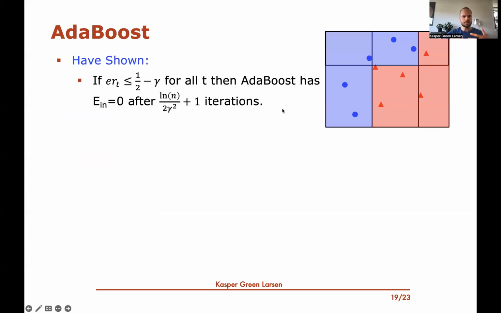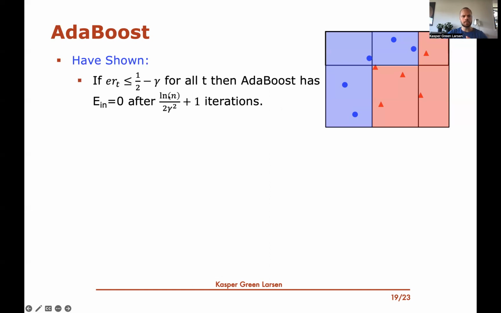So this is actually really neat. We have shown now that if in every iteration of AdaBoost, the weighted 0-1 loss that we get from the hypothesis we trained in that iteration is less than 1/2 minus gamma for all iterations, then AdaBoost will have 0 in-sample error after just log n over 2 gamma squared plus 1 iterations.